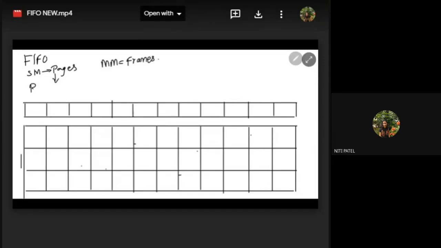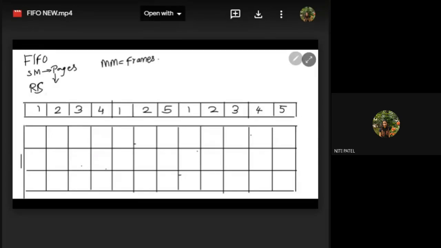So we have pages in the form of a reference string. What is that reference string? 1, 2, 3, 4, 1, 2, 5, 1, 2, 3, 4, 5. These are nothing but the pages, also called reference strings, which are stored in the secondary memory.